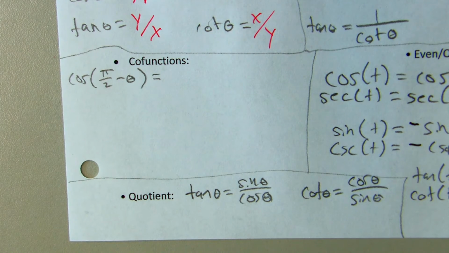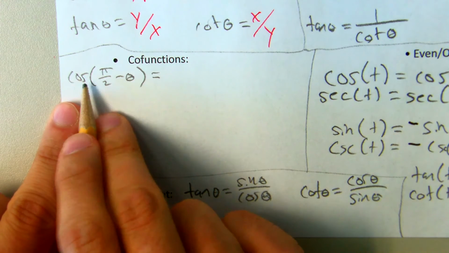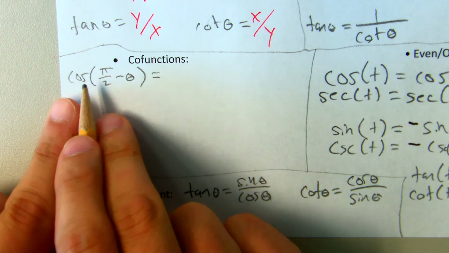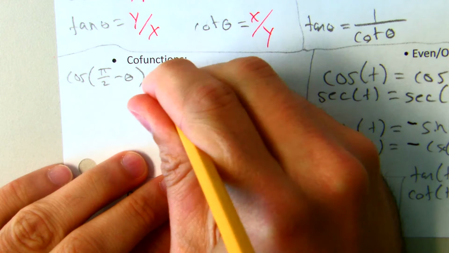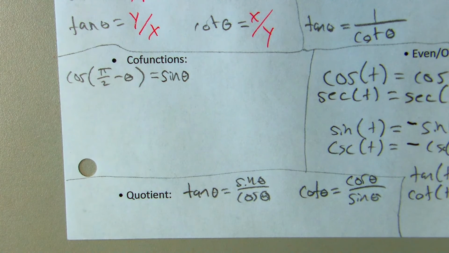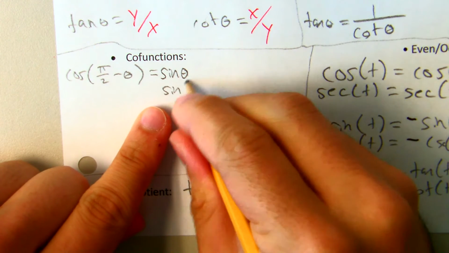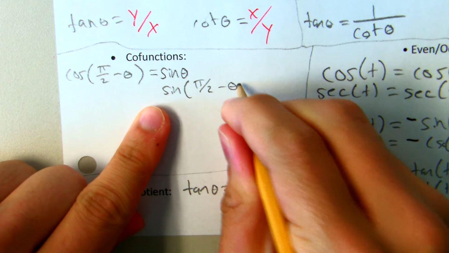And if you know the cofunction, it's usually pretty easy. You're going to see a lot of pattern here: cosine is a cofunction with sine. So all of that just equals sine. Actually, it works the other way as well. Sine is a cofunction with cosine.